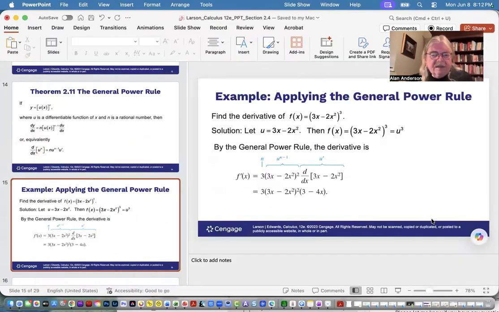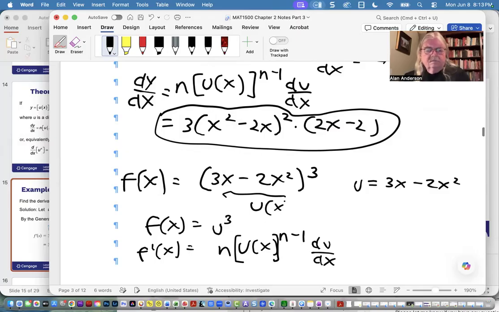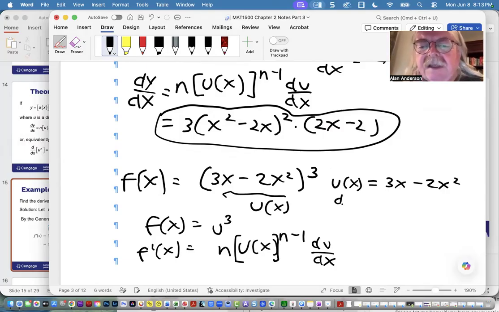Now, when we take the derivative, actually, if you want to be super technical, we should write this as u, not just u, but u of x. And then du dx, we can attain it with our normal rules.